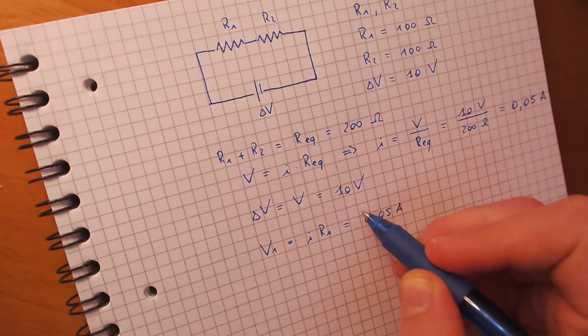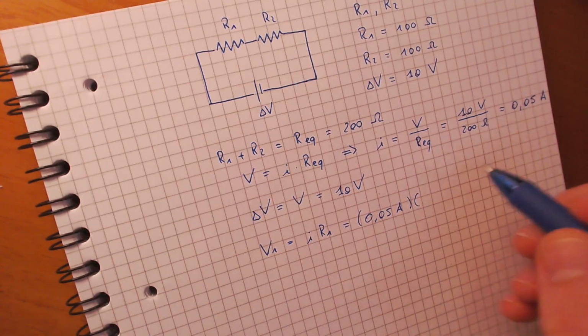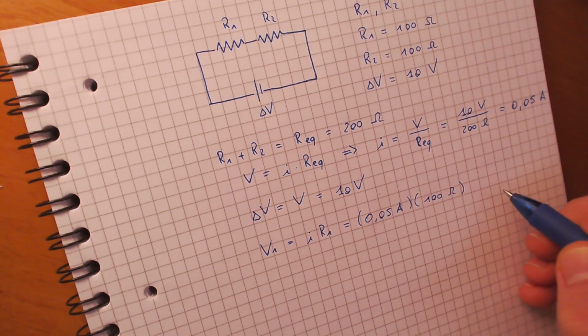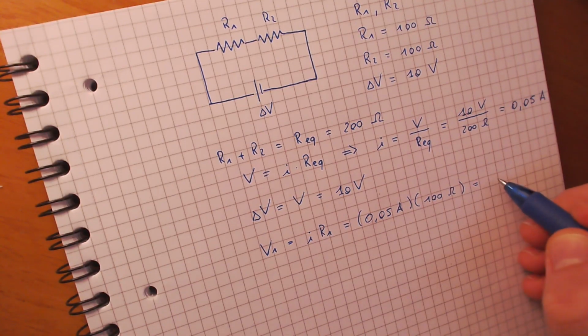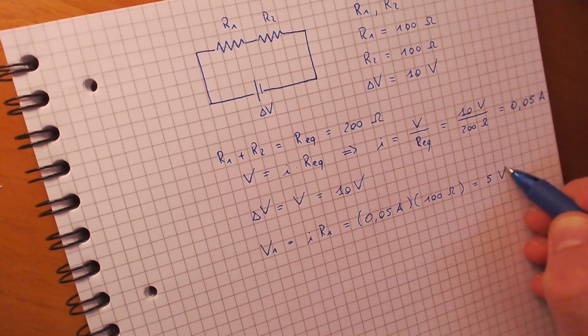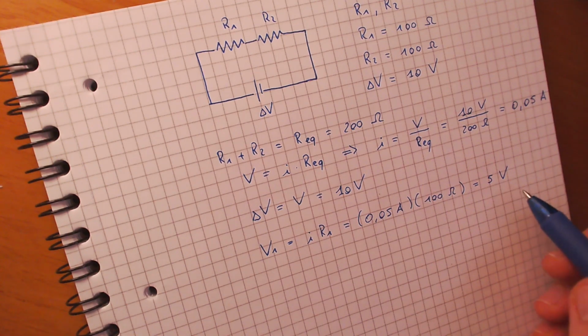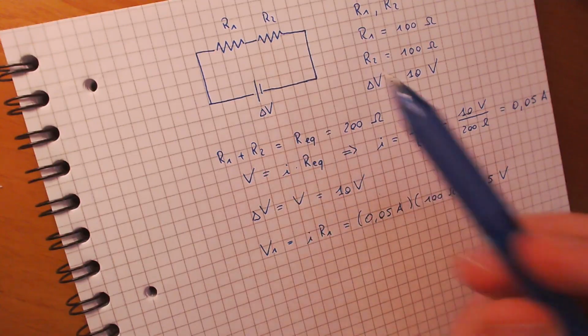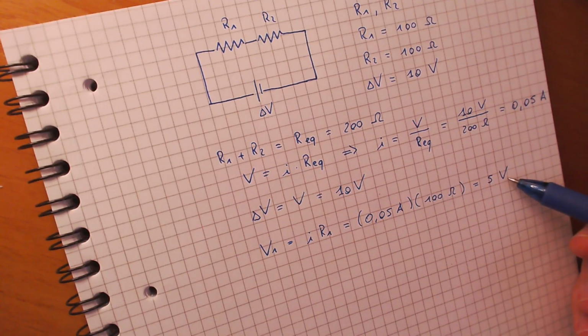Here we get 0.05 ampere times the first resistance, 100 ohm, and this gives us 5 volt. This is the voltage across the first resistance R1, and since the two resistors are the same, the voltage across the second resistor will be the same.